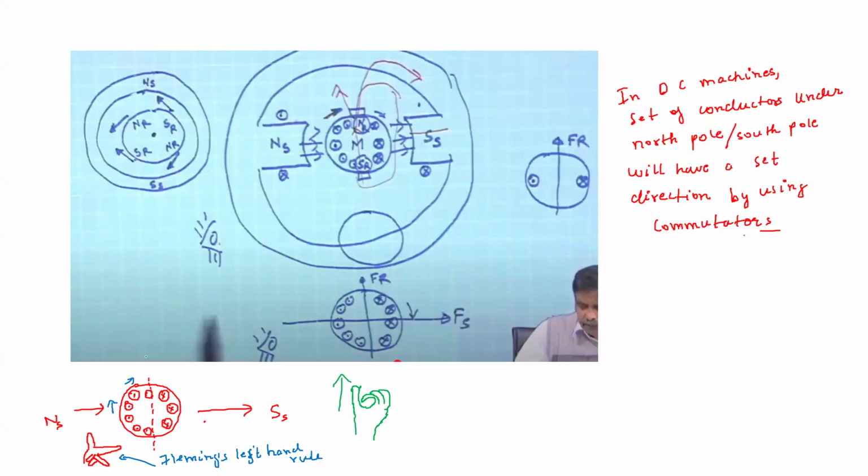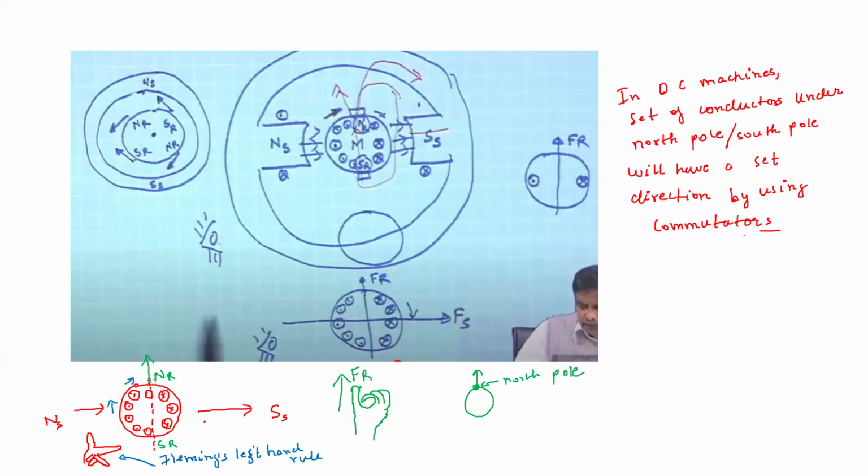So it means this is coming out. From the rotor it is coming out, so from this point it is acting as the north pole, and this point it is acting as the south pole, right? Because field lines are pointing upwards for the rotor. From the rotor it is leaving, so this point of the rotor is acting as the north pole.